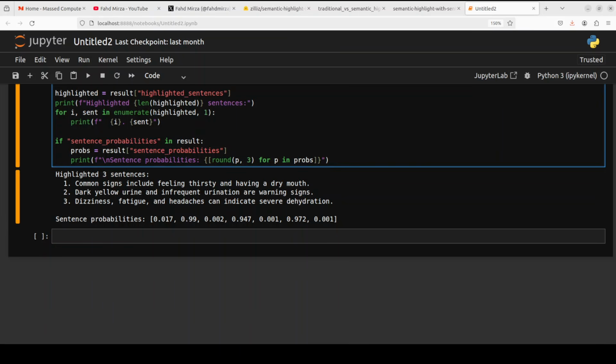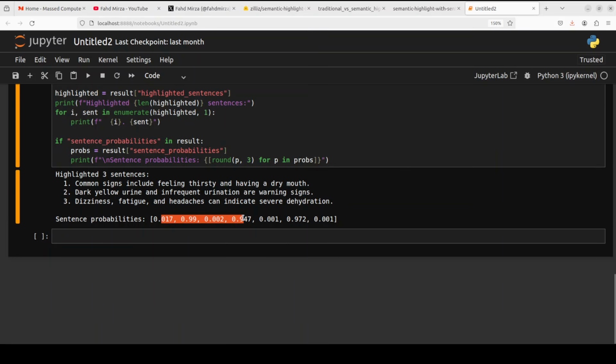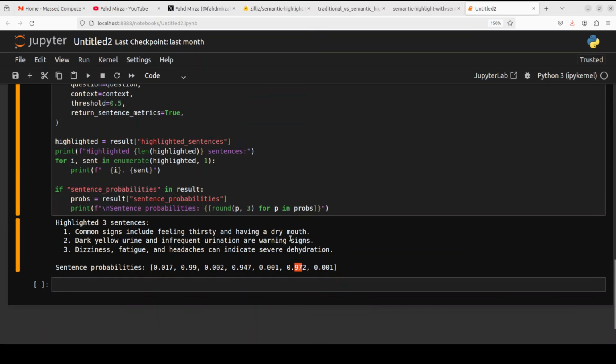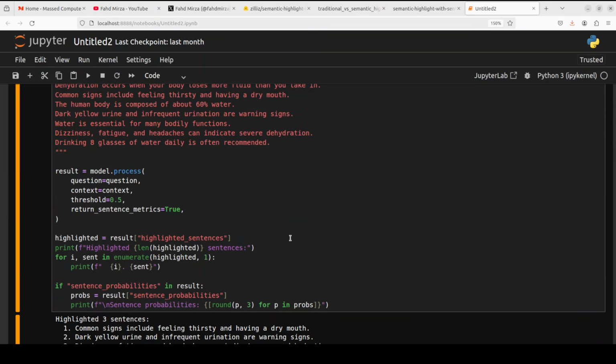If you look at the output here, the model has understood the meaning of the question and has scored each sentence based on semantic relevance. It identifies that sentences 2, 4, and 6 actually answer the question. So that is why we have these scores like 0.99, 0.947, and 0.97, while sentences about 60% water or 8 glasses daily, as you can see in the example, are irrelevant here.